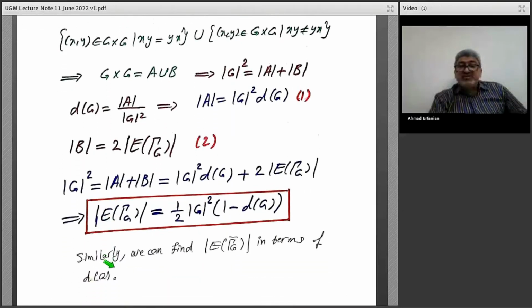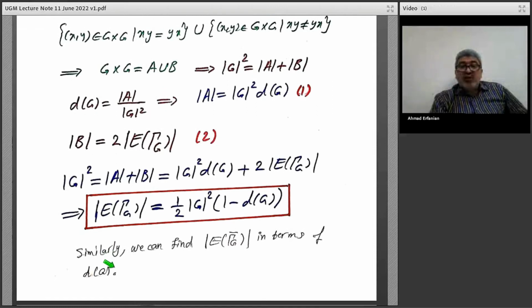But here we have ordered pairs, so the ordered pair (x, y) is different from the ordered pair (y, x). But for both of them we have only one edge. So the size of B is 2 times the number of edges of the graph.